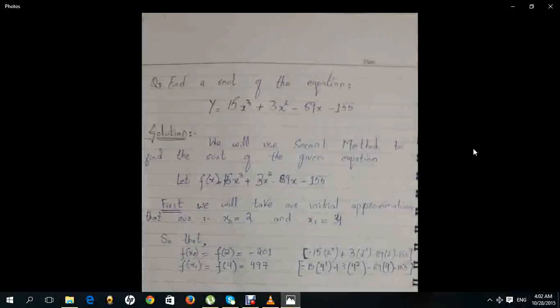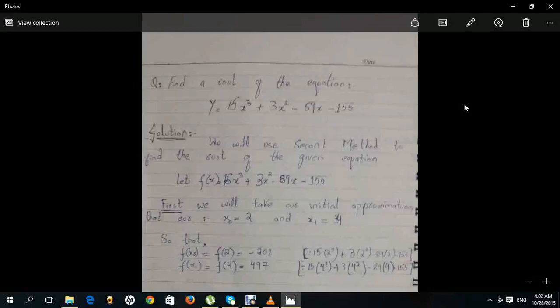We have an equation here, which is y equals 15x cubed plus 3x squared minus 89x minus 155. We will use the secant method to find the root of the given equation. First, we make this equation a function of x, so that f(x) equals the equation we have.